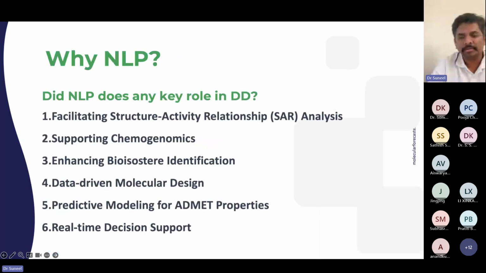Okay, so coming to NLP, generative chemistry, or AI, the first thing that comes to mind is the problem we discussed: drug discovery has a high failure rate. It takes time and it takes money. We discussed NLP's role in drug design and how we can ultimately address the failure rate and timelines in drug discovery.